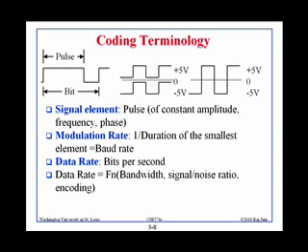There are codings in which 1 bit consists of many elements, and there are codings in which 1 element consists of many bits. So for example, you could have a coding in which you could say that whenever I say plus 5 volt, that means 2 bits. When I have plus 2.5 volt, that means 1, 2 bits, right? When I have 0 volt, that means 2 zeros, 0, 0.